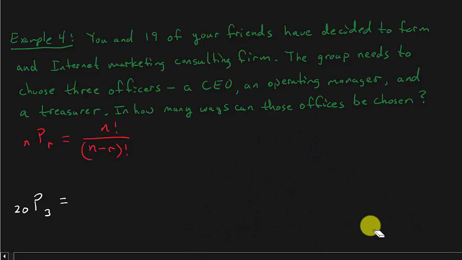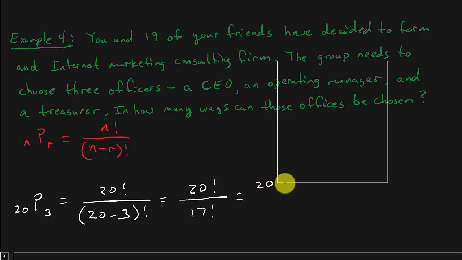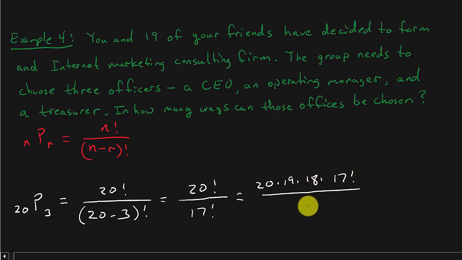So now let's calculate this. I've got 20 factorial over 20 minus 3 factorial, which is 20 factorial over 17 factorial. Simplifying just like we did before, that's 20 times 19 times 18 times 17 factorial over 17 factorial.